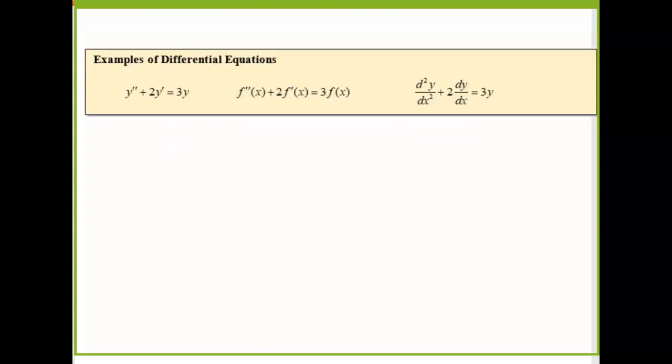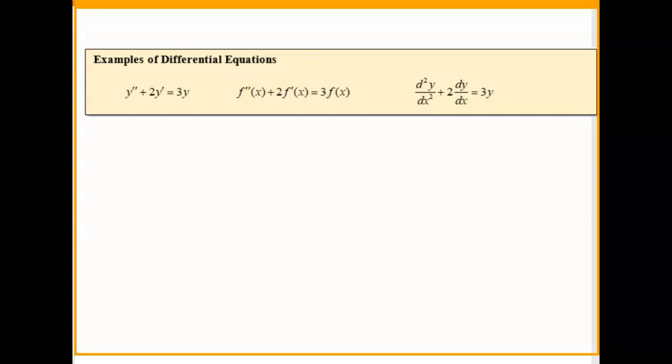Okay, and then I just have that recall for you. If you recall, direct variation occurs when a situation gives rise to a linear function, f of x equals kx, or y equals kx.